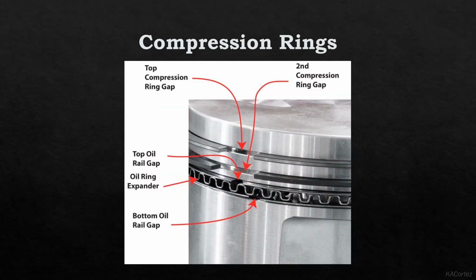A compression ring is the piston ring located in the ring groove closest to the piston head. The compression ring seals the combustion chamber from any leakage during the combustion process.